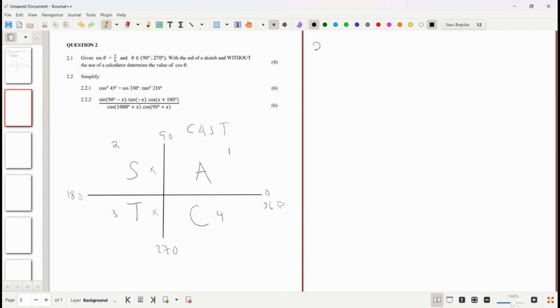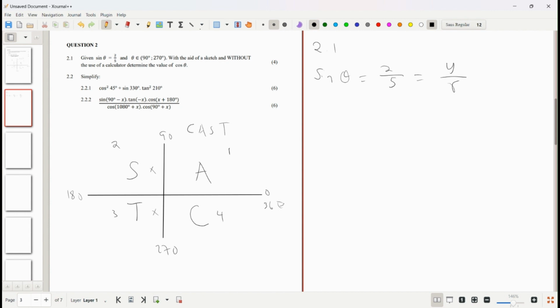So let's note this down: sine theta is 2 divided by 5. But what do we know about sine theta? Sine theta is opposite over hypotenuse, right? Opposite is y, and hypotenuse is r.